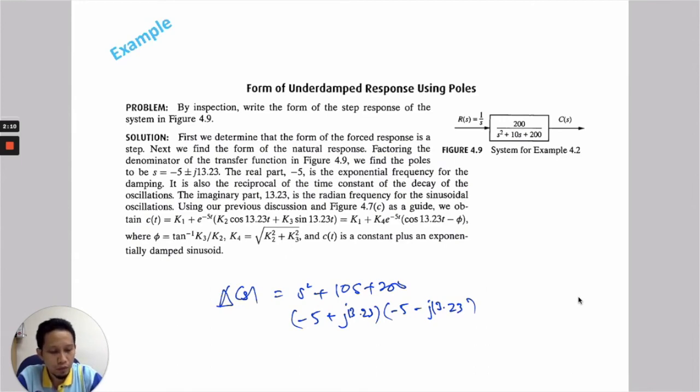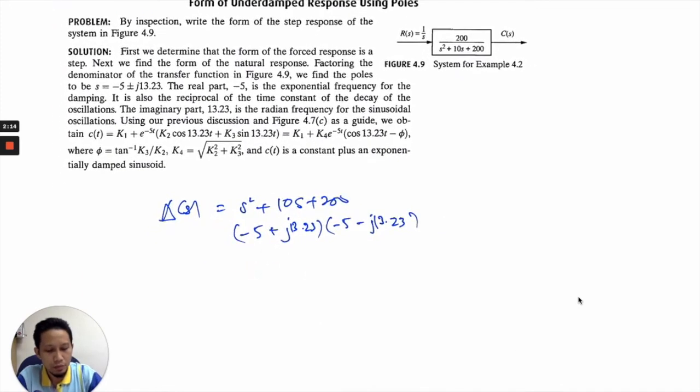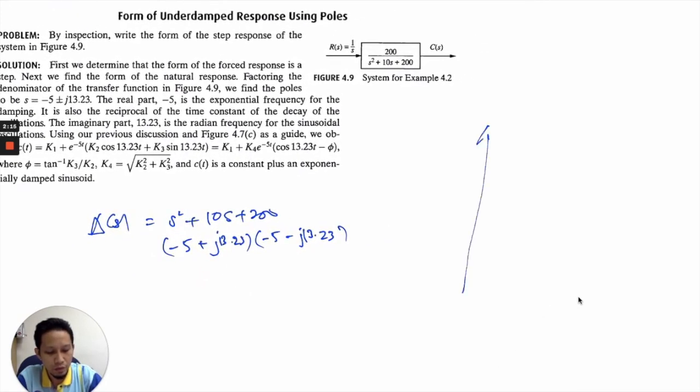If we draw on the S-plane, the drawing becomes something like this. This is the sigma axis, this is the j omega axis, and here we have the poles.